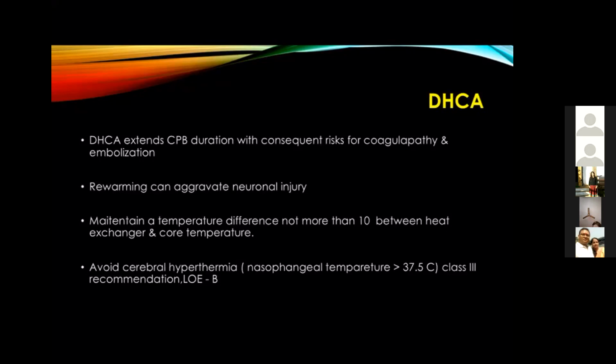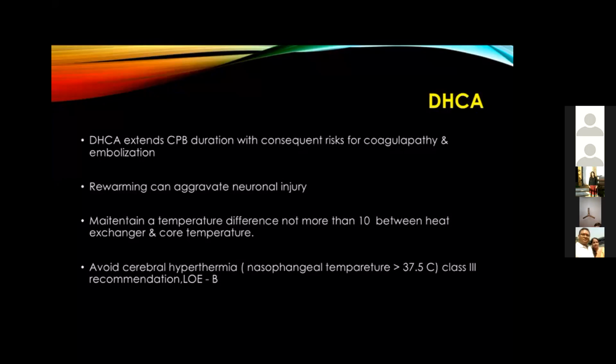And another which is coming nowadays is the moderate hypothermic circulatory arrest with ACP. So initially the people started doing only the DHCA. It extends the CPB duration, but you cannot prolong the CPB duration for a long time because there is a problem with the coagulopathy and the embolization.